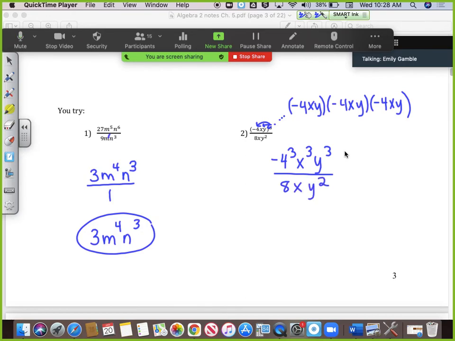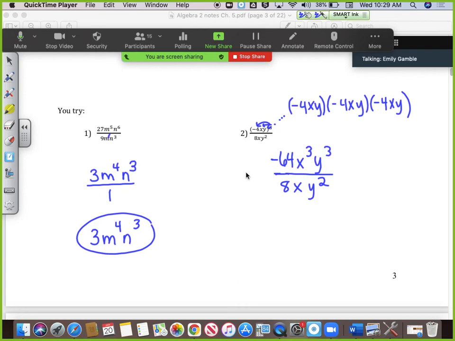So then the next thing I would want you to do so that we can simplify the coefficient numbers is simplify negative 4 to the third power by putting it into its numerical answer without the exponents. Negative 4 to the third power is negative 4 times negative 4 times negative 4, which is negative 64. So I have negative 64x to the third, y to the third over 8xy squared.